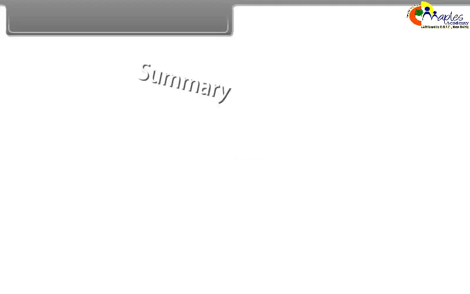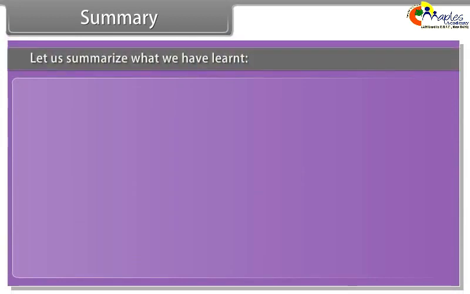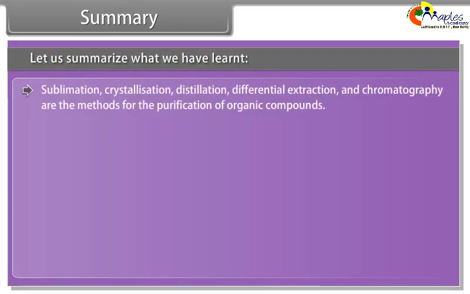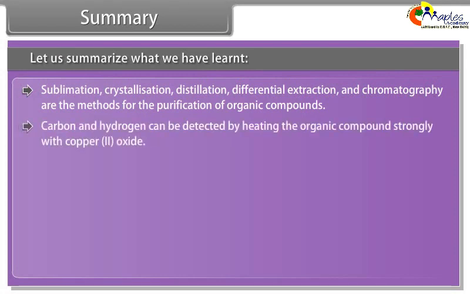Summary. Let us summarize what we have learnt. Sublimation, crystallization, distillation, differential extraction, and chromatography are the methods for the purification of organic compounds. Carbon and hydrogen can be detected by heating the organic compound strongly with copper-2 oxide.